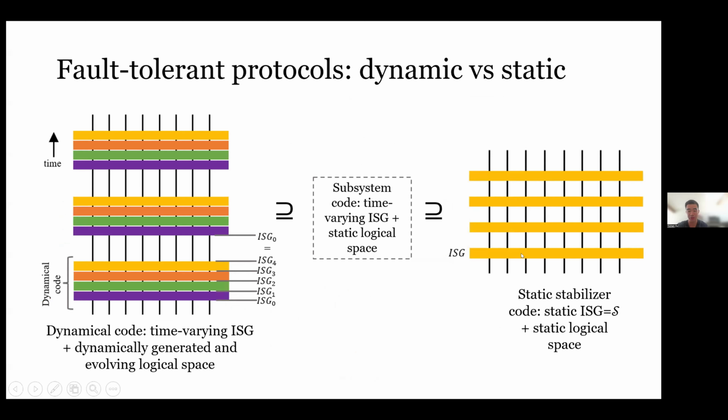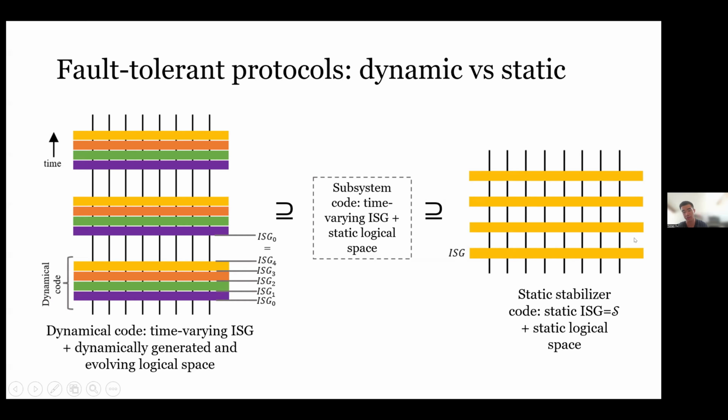So the protocol on the right, if time goes from the bottom to the top, essentially is a circuit where we have something going on in the box, which is marked by the yellowish color here. So before and after, we essentially are inside a stabilizer group, right?